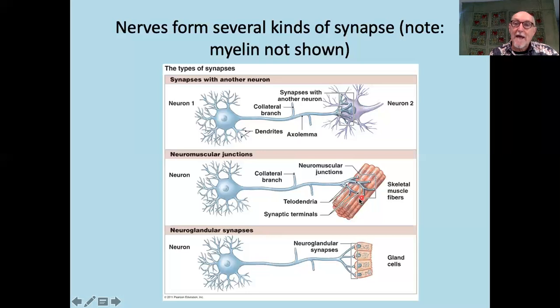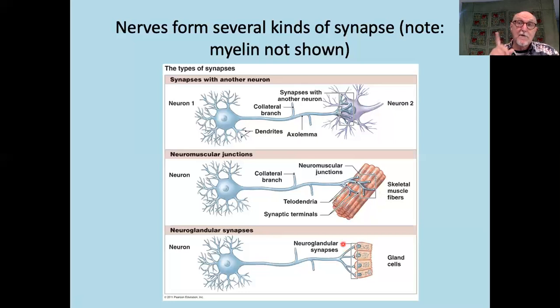When you say to your arm, contract, that is you sending a voluntary nerve impulse down here. When it reaches here, it does what I've just described to you. It causes the sarcoplasmic reticulum to release calcium, and it causes the muscle cell to contract. So that is a neuromuscular junction.